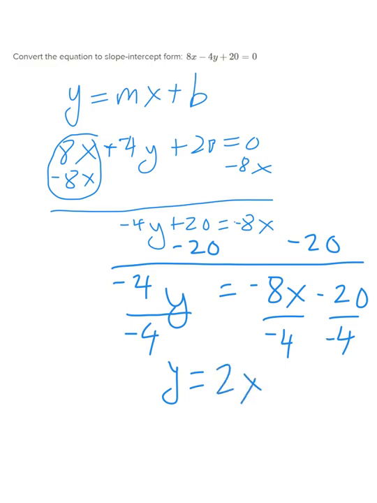There should be negative. And what's negative 20 divided by negative 4? That's 5. So we've taken this equation, not written in any particular form, and we rewrote it in slope-intercept form. Again, keep in mind that these two equations are equivalent. They're not identical because they obviously look different, but they are equivalent. We just rewrote it to a more convenient form.